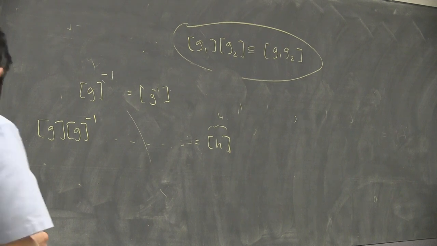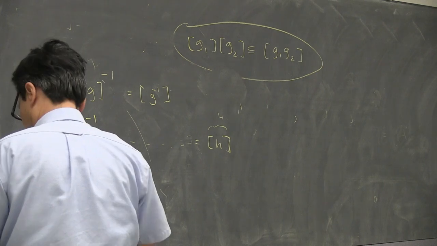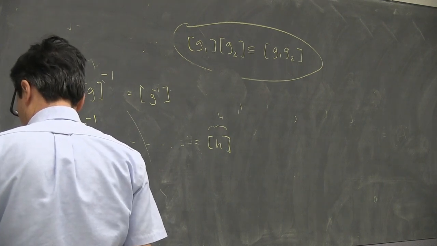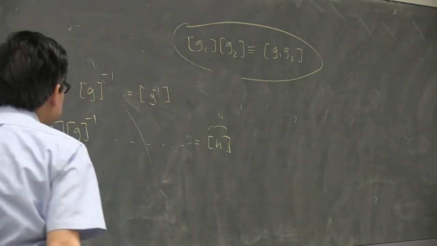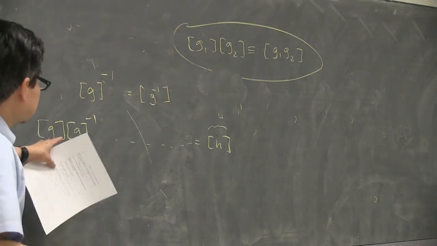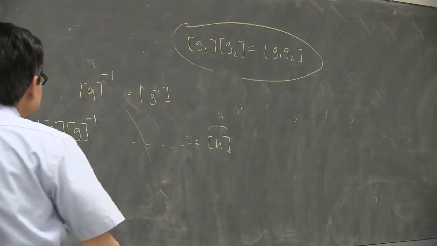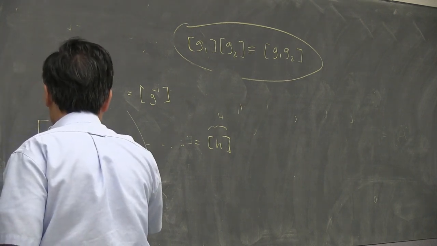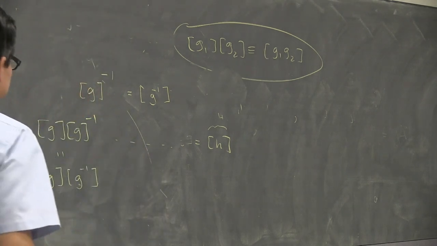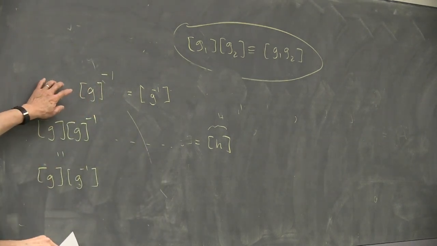So let's start off from here first. Now, we're going to show that making use of this definition, this is true. All right? So this then is equal to this multiplied by G inverse, making use of this definition of the inverse.